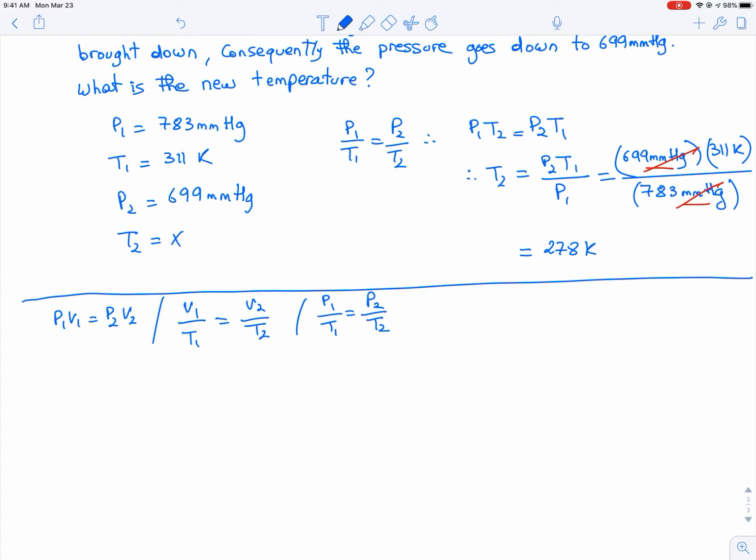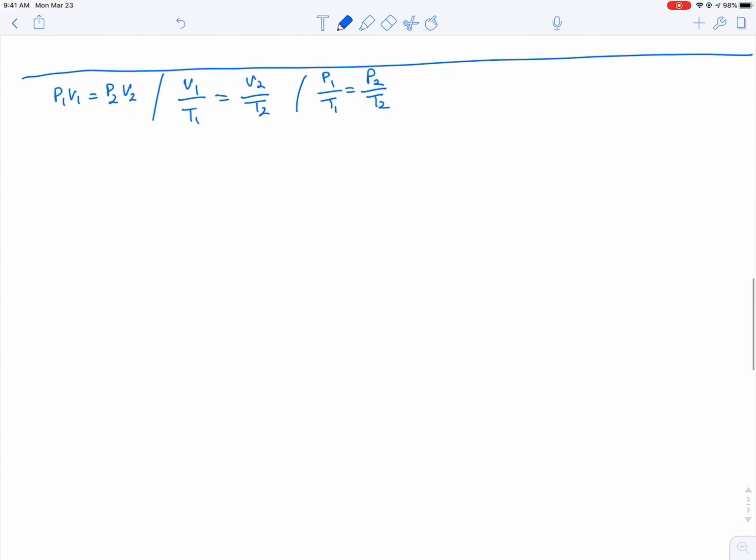So we have three different laws, okay? Can you guys see a way where we can combine all three laws in one law? Where do you see P? P is always on top. So I'm going to do P1. V is always also on top. Where's T? Always on the bottom. And this is going to be equal to P2 V2 over T2.